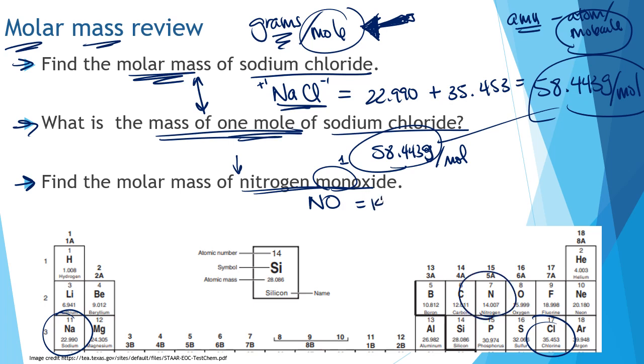Nitrogen is 14.007. Oxygen is, whoa, I just scribbled right on top of the mass, 15.999. We're going to add those up with our handy dandy calculator. 14.007 plus 15.999 gives us a grand total of 30.006. 30.006 grams per mole is the molar mass of nitrogen monoxide.